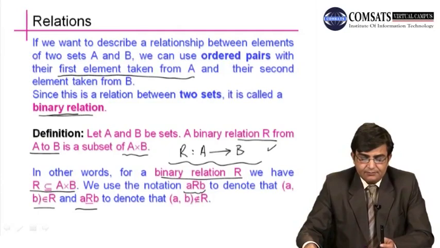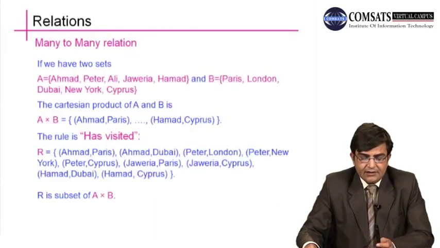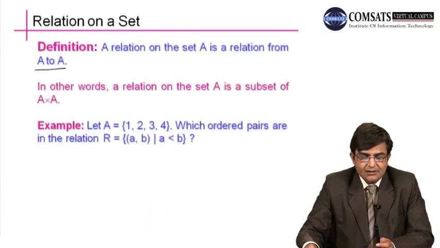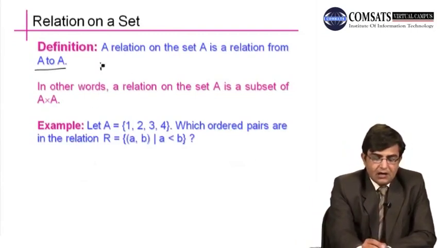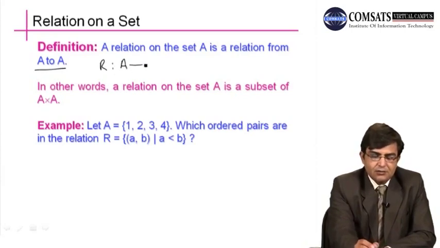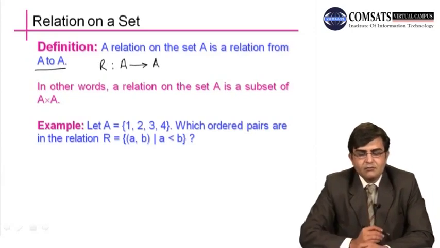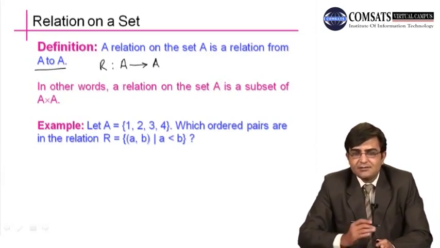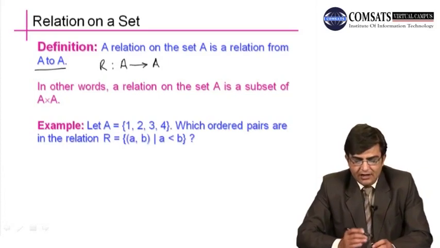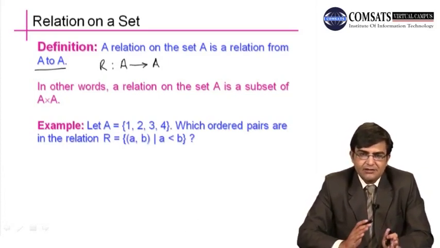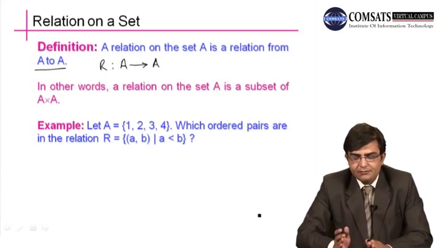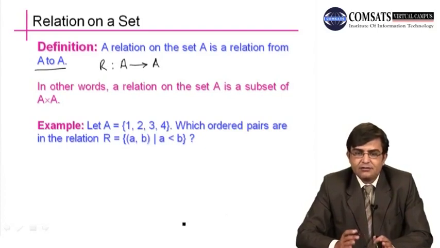If we have one set, then the relation on that set is usually denoted as R, where R is a relation from A to A. It means the relation is between the elements of A. In the previous case we defined the relation between the elements of A and the elements of B, but here we now define the relation between the elements of A.